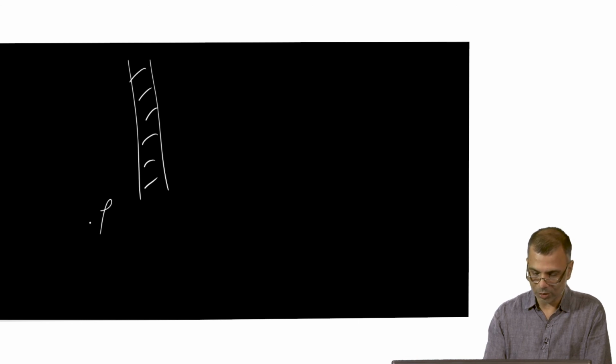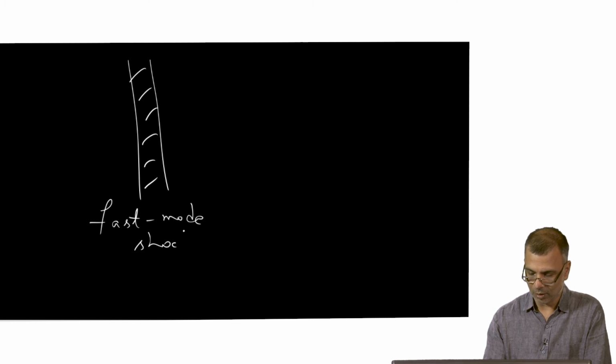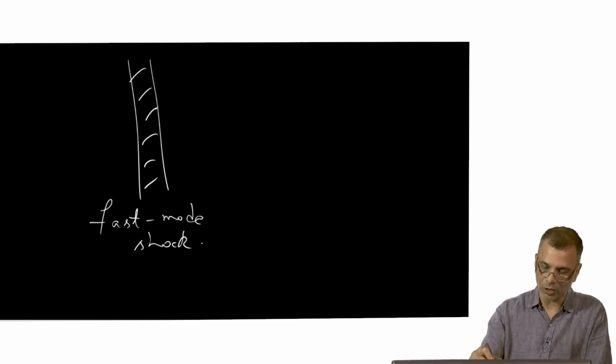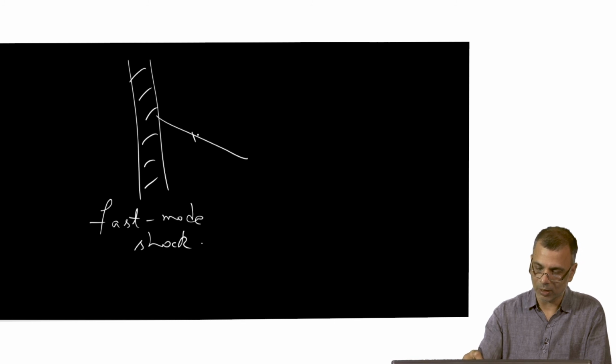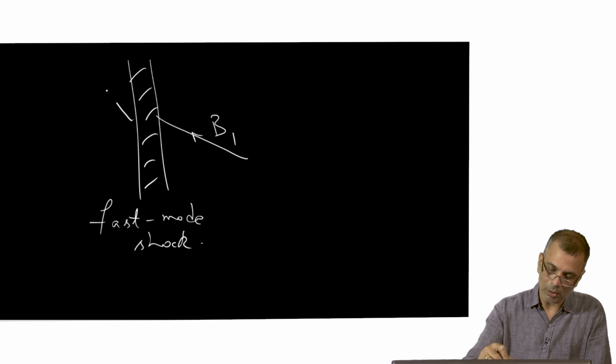Now let us very briefly look at the slight difference between fast mode and slow mode shocks. Suppose this is a fast mode shock. The main thing about a fast mode shock is that if this was B1 on one side, the B2 looks like this.